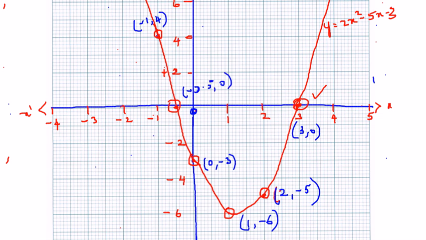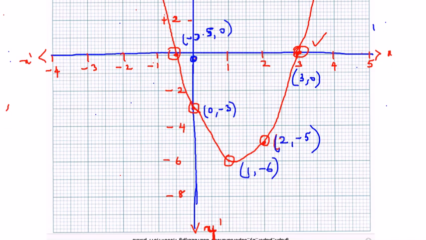So we can say that the solution set is minus 0.5, 3. These are the values of x where the curve passes the x-axis.